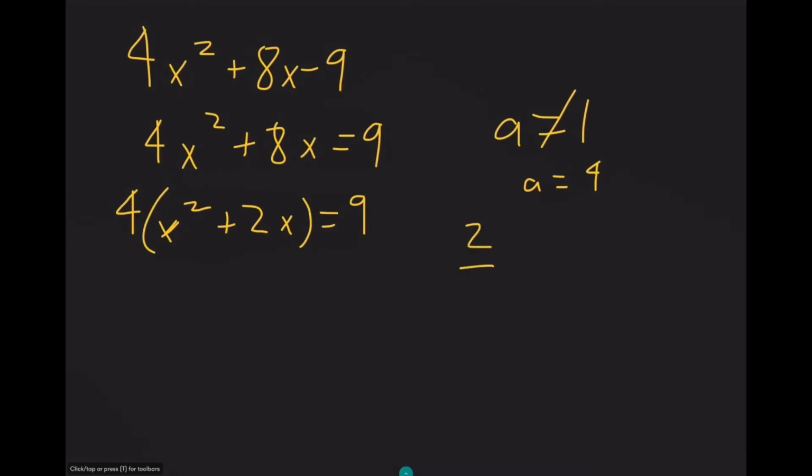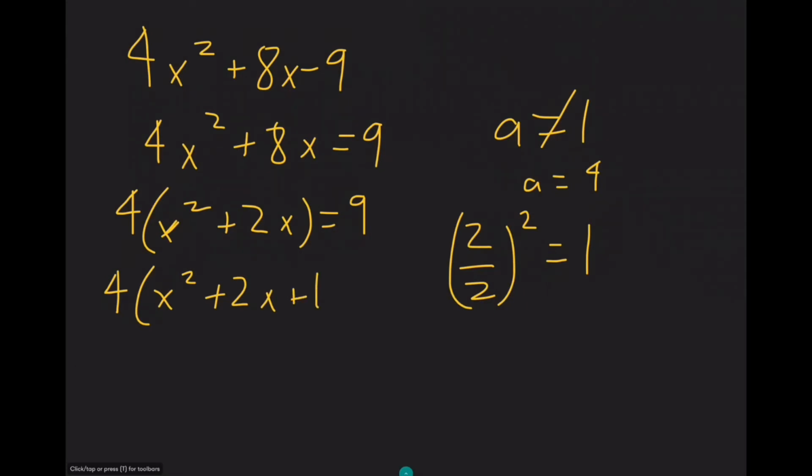So then it will be 2 over 2 squared, and that equals 1. So it will be 4 times x squared plus 2x plus 1. But instead of adding 1 to the other side, we're actually going to add 4, because 1 times 4, so then it's 9 plus 4.